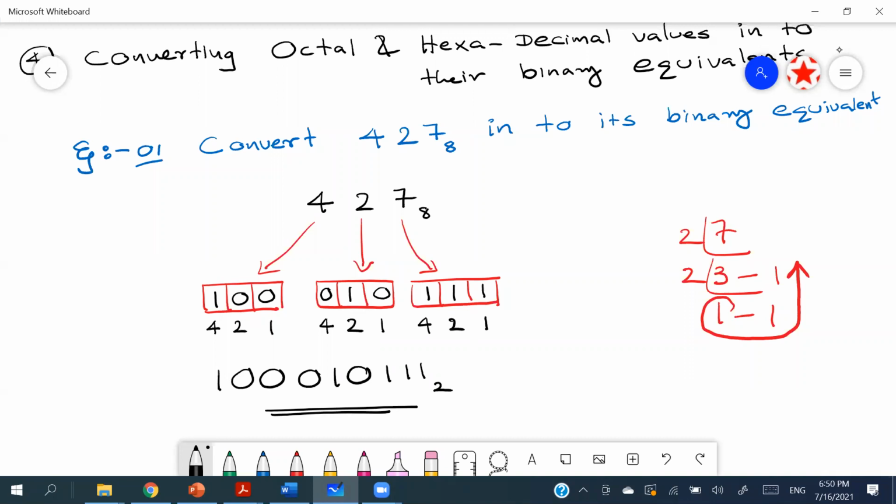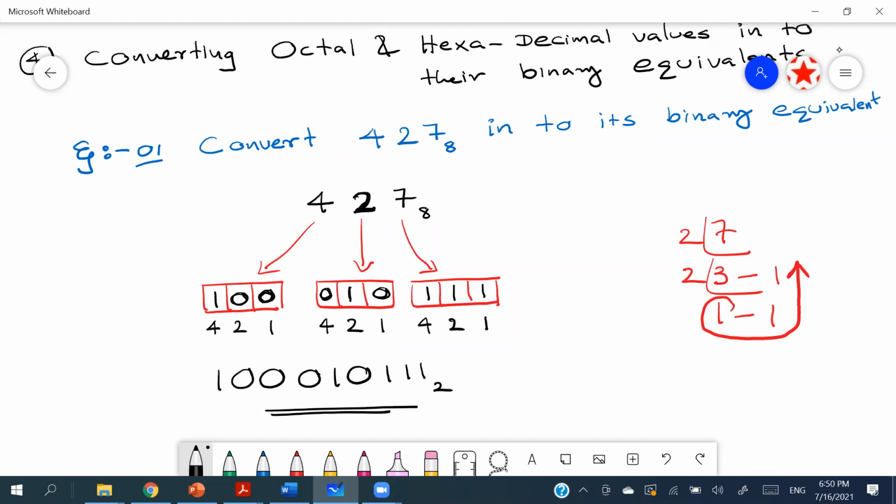How do you get 010 in 4 2 1? Hold on. See, like this 0 and this 0. No, sir, the other one. This one, like 0, 1, 0. Yes, sir. Now we are going to represent this 2.